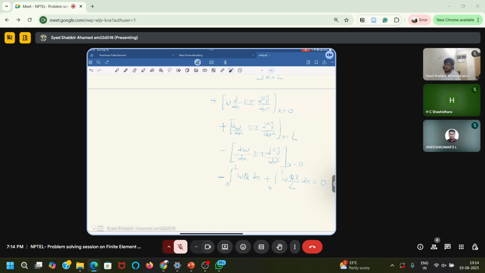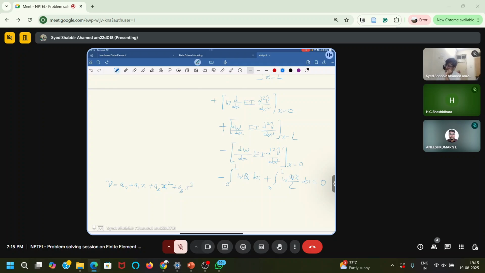So in the beam equation, let's say I take a function like this: a naught plus a1 x plus a2 x square plus a3 x cube.